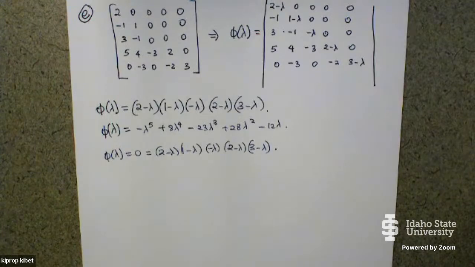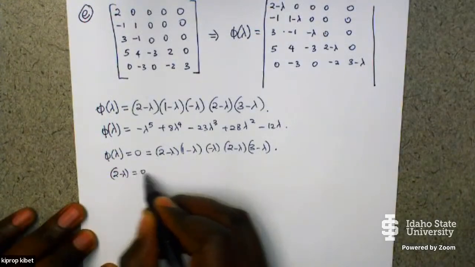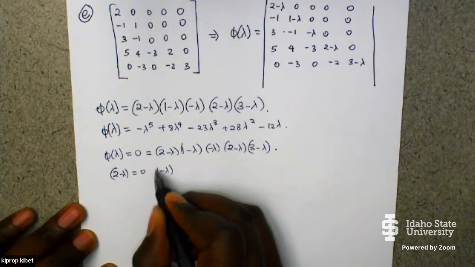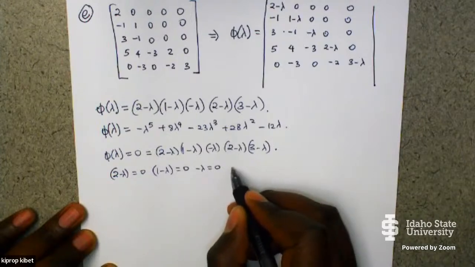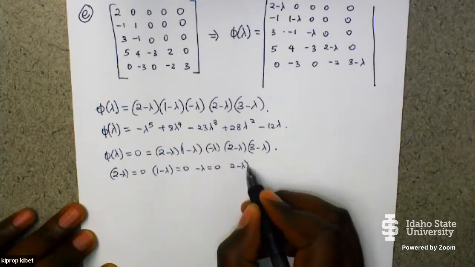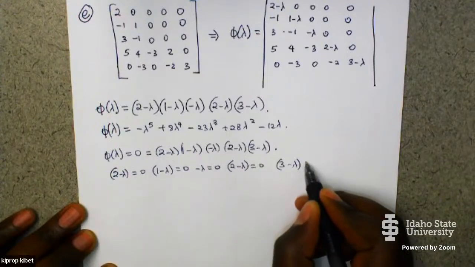Now, using the zero product property, 2 minus lambda equals 0, 1 minus lambda equals 0, minus lambda equals 0, 2 minus lambda equals 0, and then 3 minus lambda equals 0.